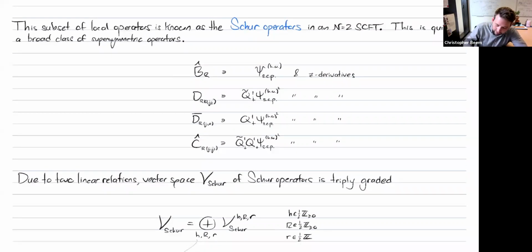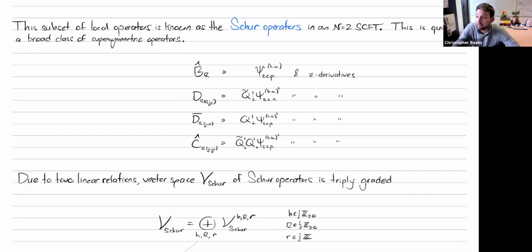A single Q descendant of the superconformal primary in D and D bar multiplets shows up. And then a twofold descendant of the superconformal primary in a C hat multiplet shows up. So for these sets of multiplets, there's a unique conformal primary along with SL2Z descendants that live in this subsector.